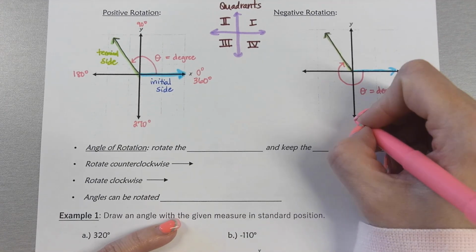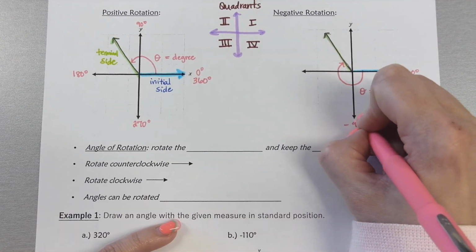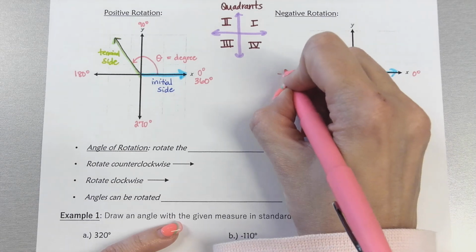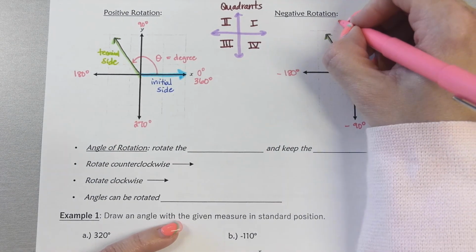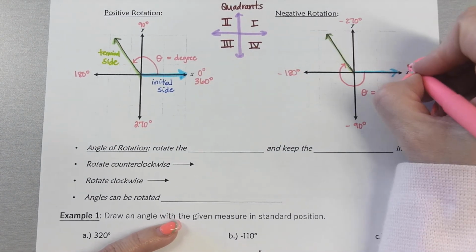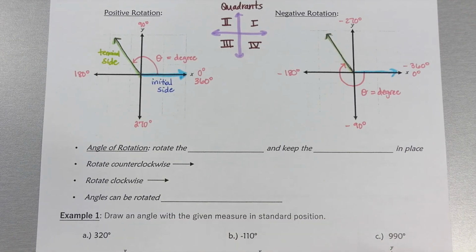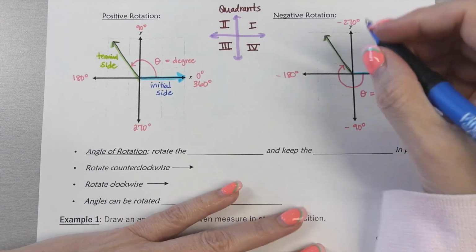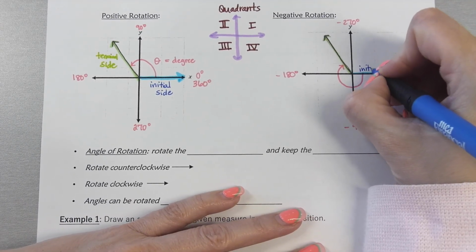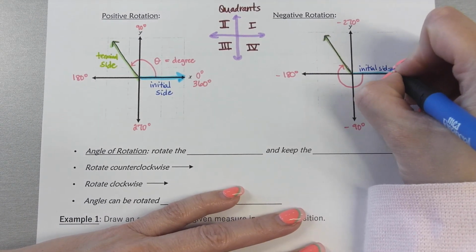You have 0, now you have negative 90, negative 180, negative 270, all the way up to negative 360. Okay, but you still have the initial side, and you still have the terminal side in the same position.